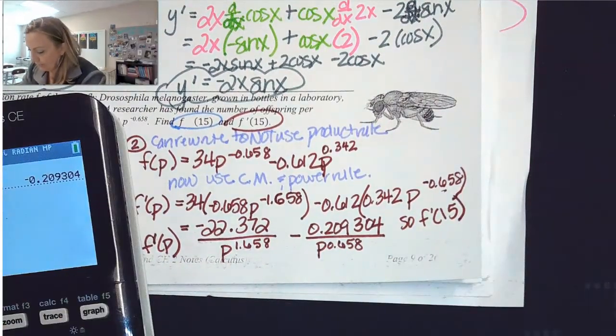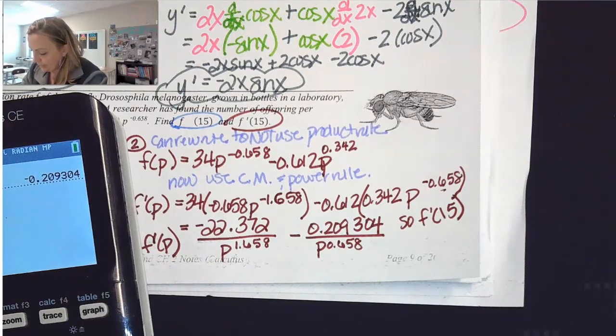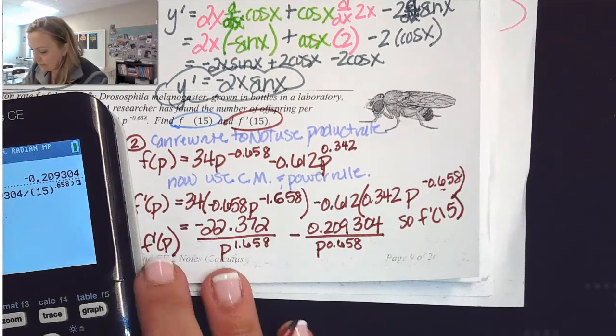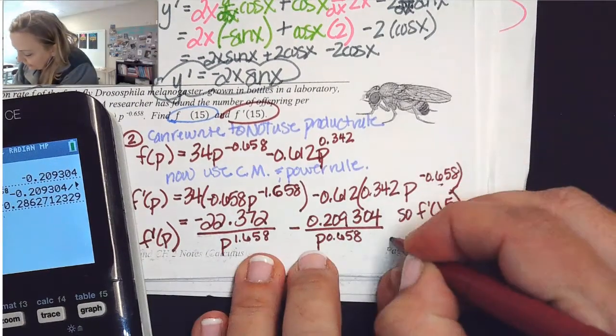So I could have negative 22.372 divided by 15 raised to the 1.658, and then minus 0.209304 divided by 15 raised to the 0.658. And that gives me about negative 0.286.